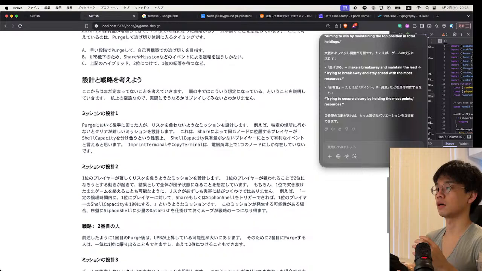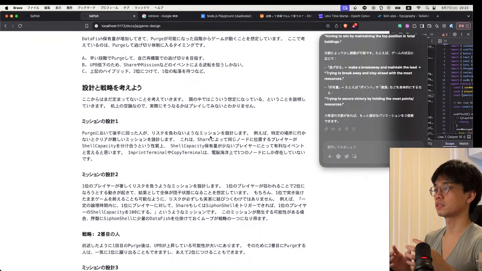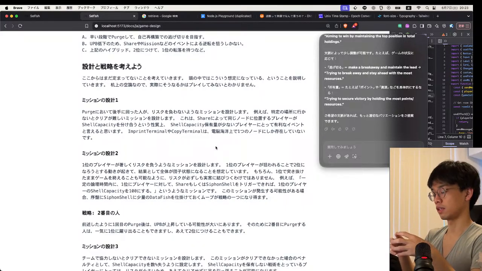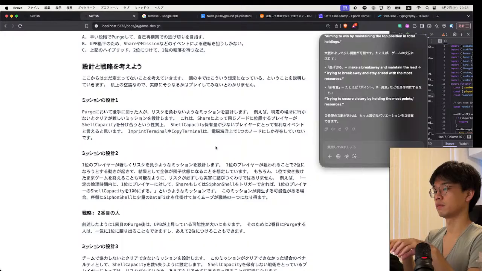This means there is a share feature. Share feature means if two players go to the same place, the amount of share capacity is divided equally by the two players.